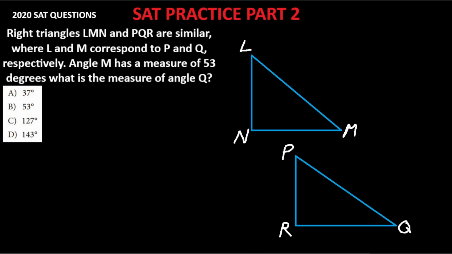The last piece of information that we're given is that angle M is 53 degrees. This question is testing to see if you understand that similar triangles have equal angles. Since M corresponds to Q, then Q must also be 53 degrees, which is choice B.